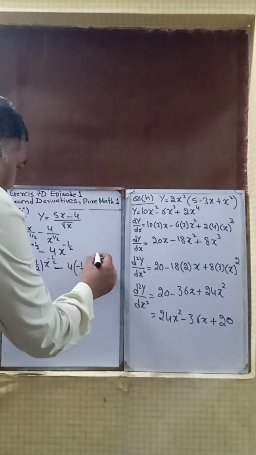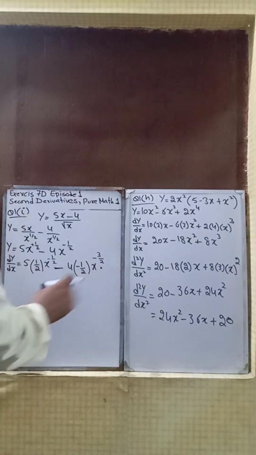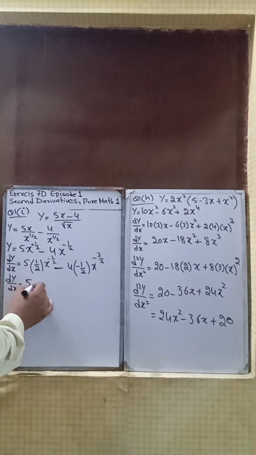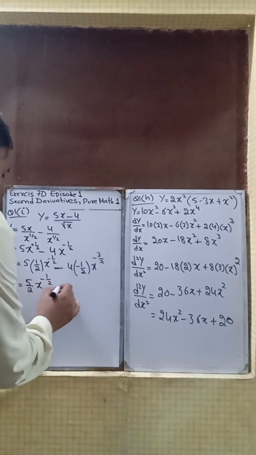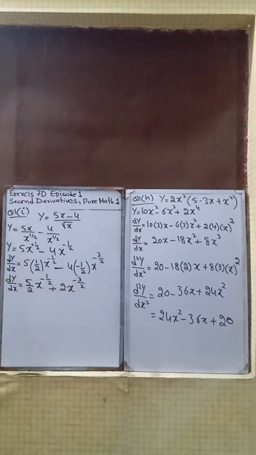So it will be minus 3 by 2. You can use the calculator. So this dy by dx will become 5 by 2 into x raised to power minus 1 by 2, plus 2x raised to power minus 3 by 2. So this is my first derivative.